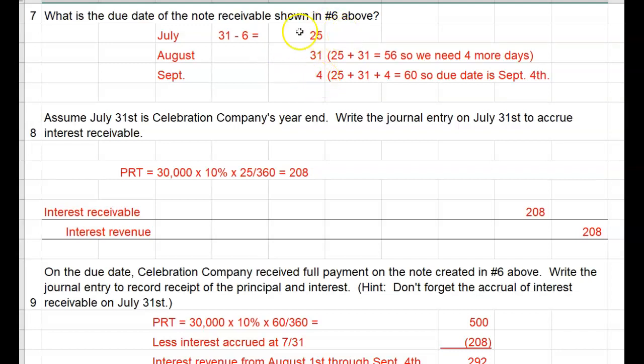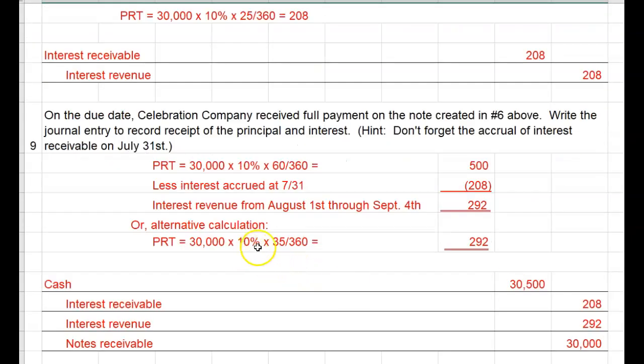We already recorded the interest income for the 25 days. So principal times rate times 35 divided by 360 equals 292. It's the same amount of money, either calculation.